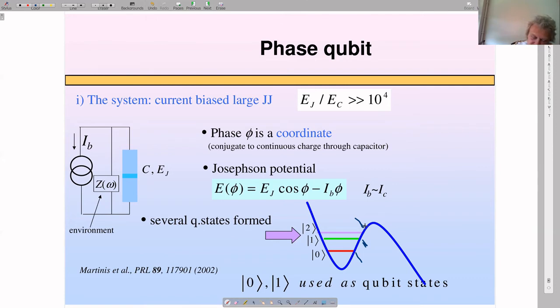Because if the particle is in a certain state, there is a probability of tunneling. It goes over the barrier. And it goes all the way down. And we learned what has happened in this case.